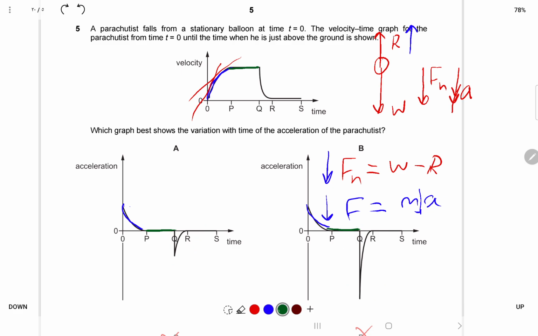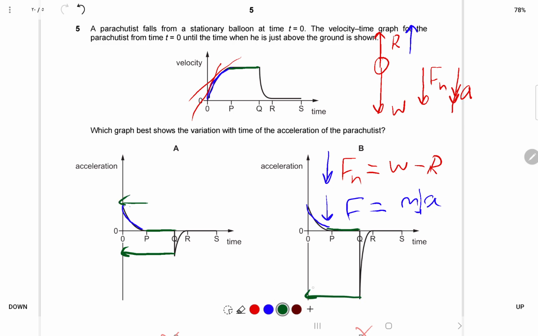Now we have to focus on the last part, between Q and R. The gradient between Q and R must be greater than the gradient between O and P. So I repeat, the gradient between Q and R is greater than the gradient between O and P. Here the gradient is almost the same.